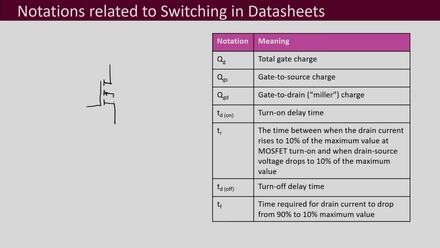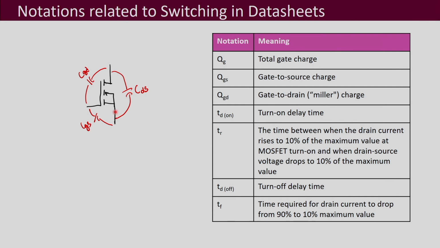So, this is your MOSFET and then you have this capacitor which is your gate to drain, then this one which is your gate to source and this part which is your drain to source. These three capacitances have to be charged and discharged while the turn on and turn off processes are going on. Now, I did not explain here which capacitance is getting charged or discharged when it is turning on and when it is turning off, but we will be discussing it later when we discuss gate drive circuits.